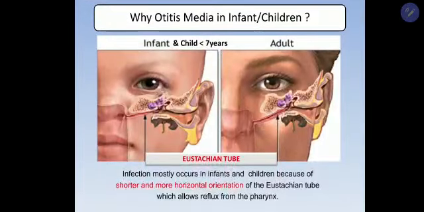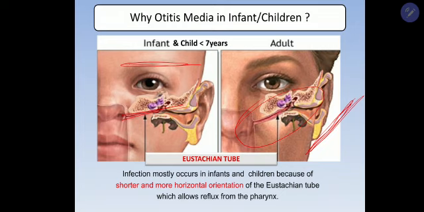This I was just talking about, how the eustachian tube is. You can see that in adults it is obliquely placed, like this. But when we see infants, it is transversely placed like this. So this is the difference between the two.